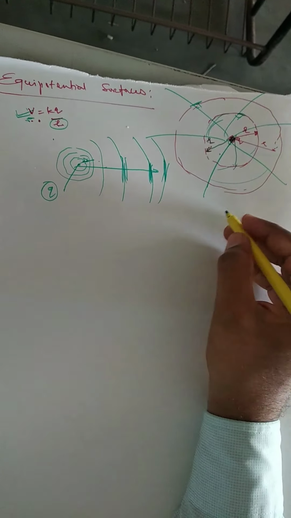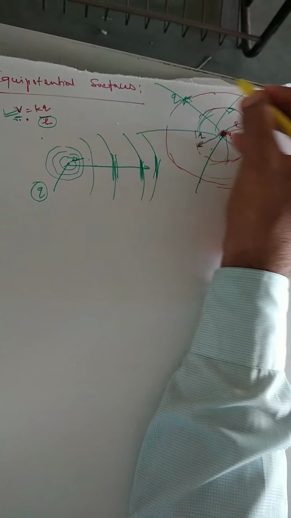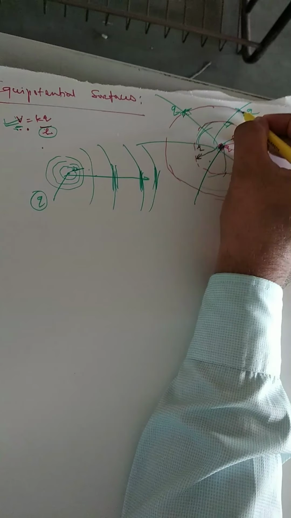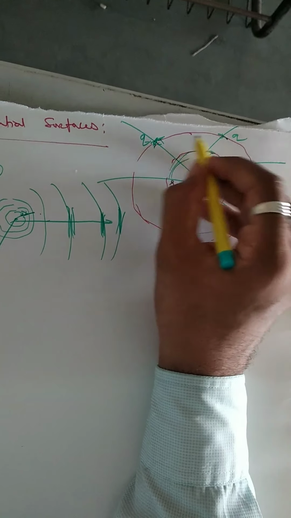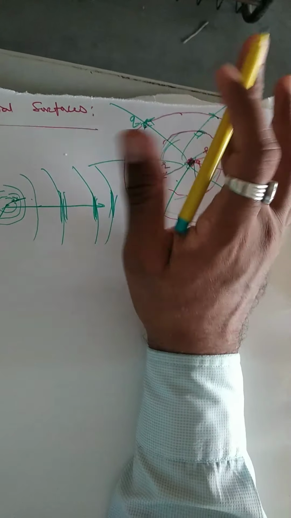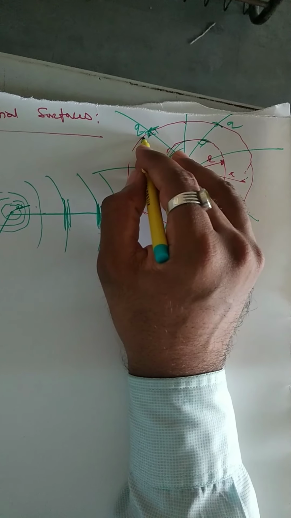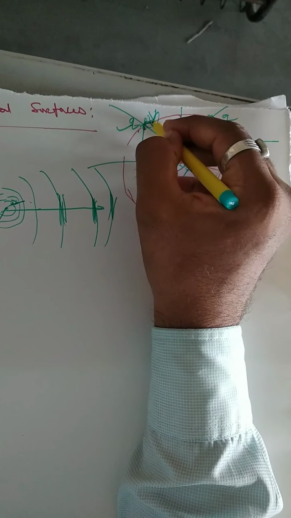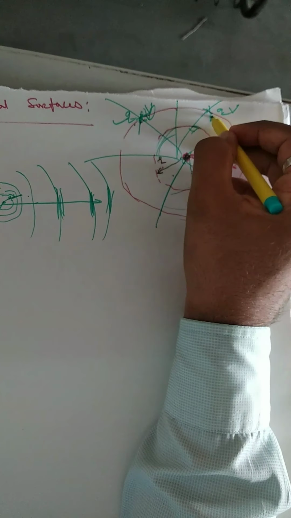And suppose I am taking a point Q over here, and if I am bringing this Q from this point to this point, obviously as per the concept, I have to apply some work on it. But in case of equipotential surfaces, the value of electrostatic potential V will be the same at both the points.